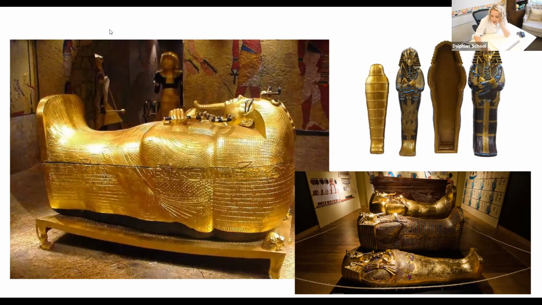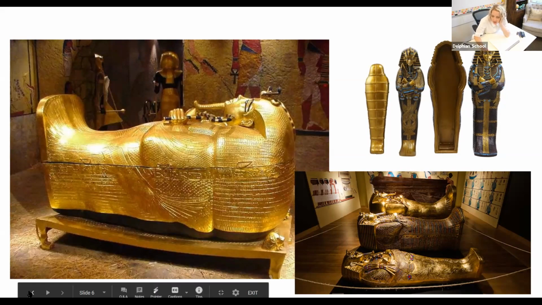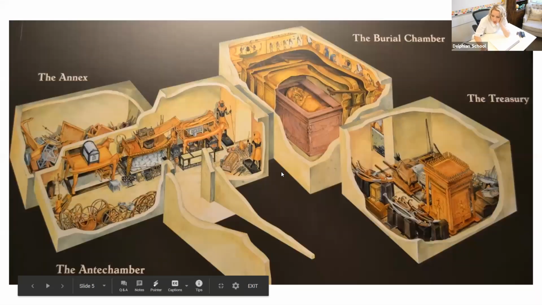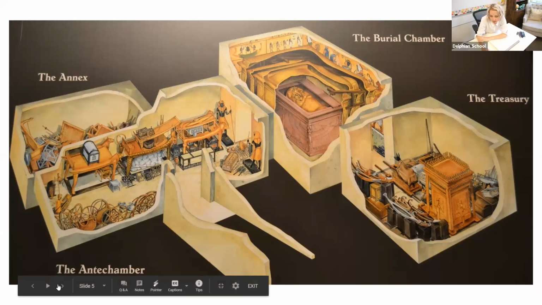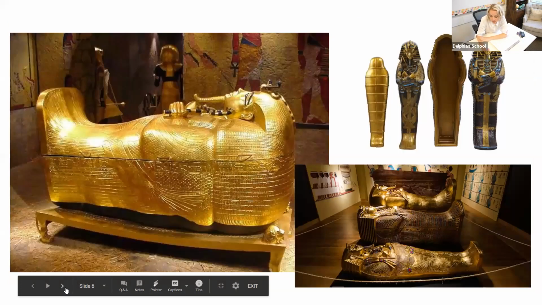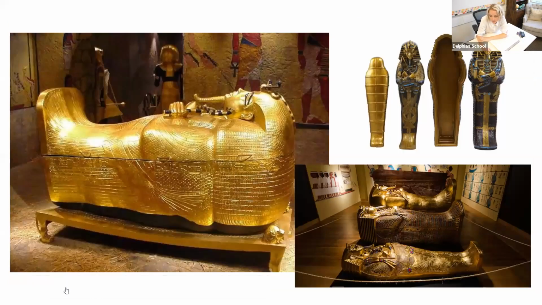He had basically four sarcophaguses that all fit inside of each other. So there was a smaller one, and then a bigger one, and then a bigger one, and then there's a big box that it was in. And in this last picture, you can see King Tut's burial chamber. So that's what it looked like on the inside, and that was all his, and that's what his sarcophagus looks like.